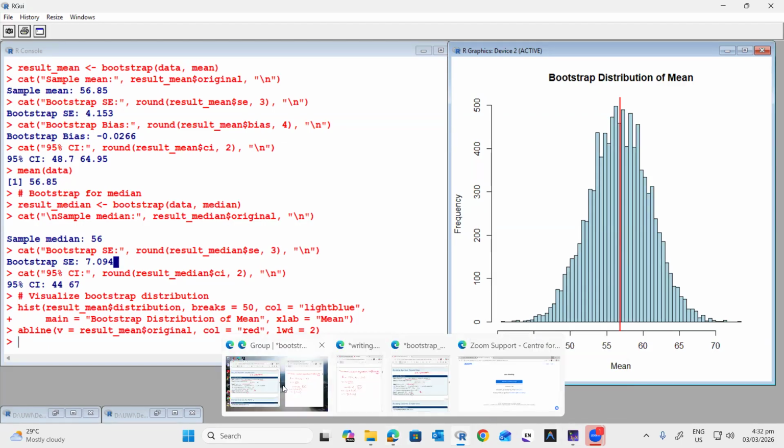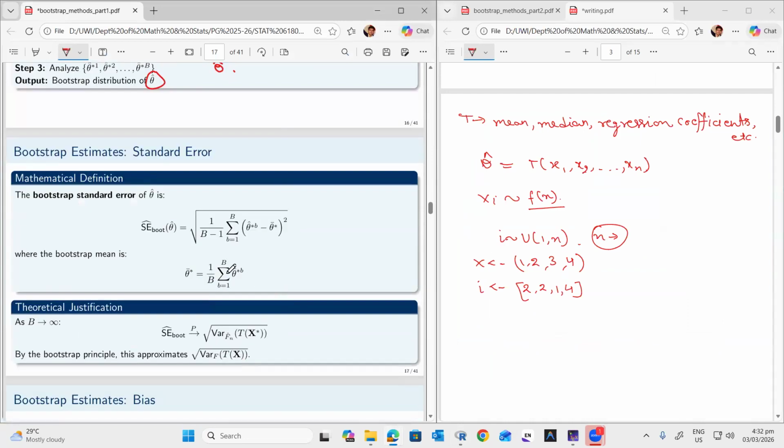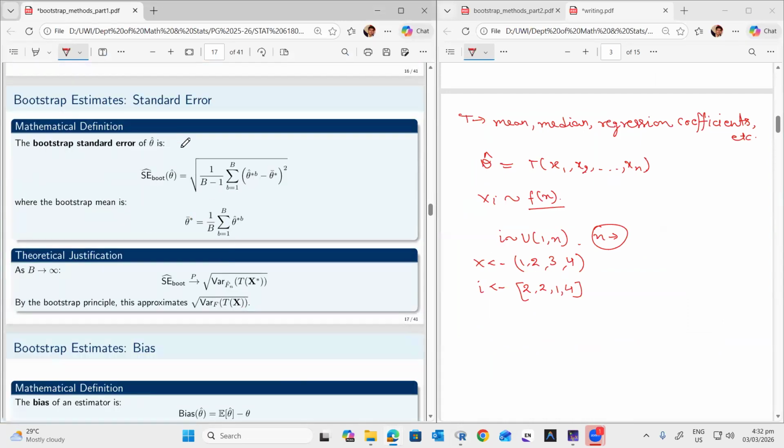So after that, here is the formula to calculate the bootstrap standard error, if you want to find it manually.